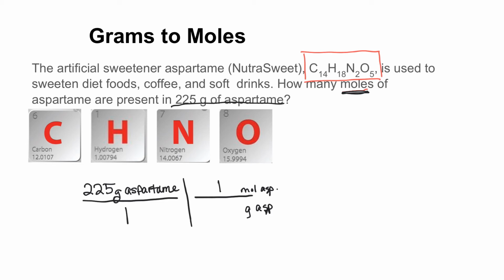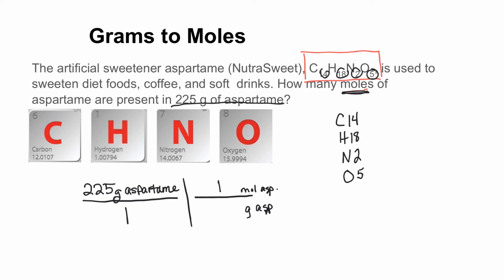So for carbon, there are 14. For hydrogen, there are 18. For nitrogen, there are 2. And oxygen is 5. And I got all these numbers from the subscripts up here, right?